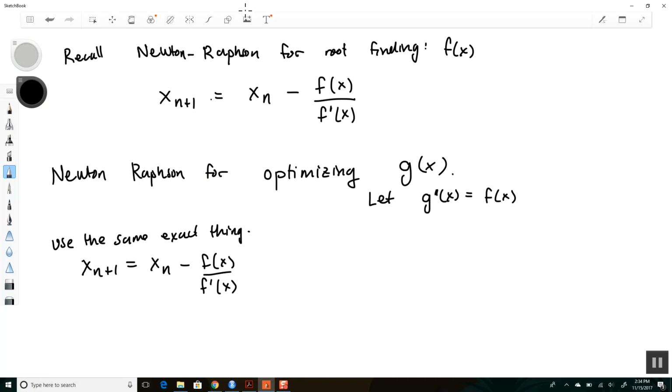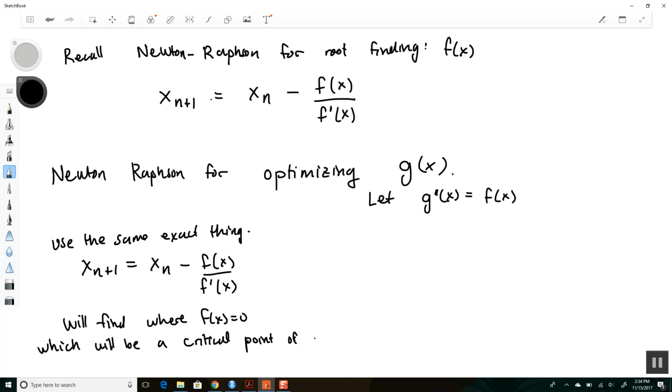Are we convinced that this will work? If g prime of x is equal to f of x, then this will find where f of x equals 0, which will be a critical point of g of x.